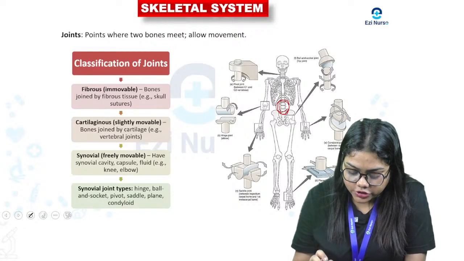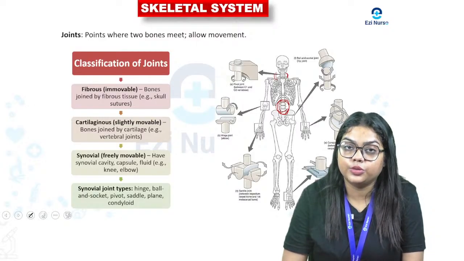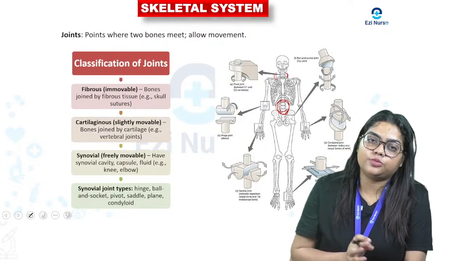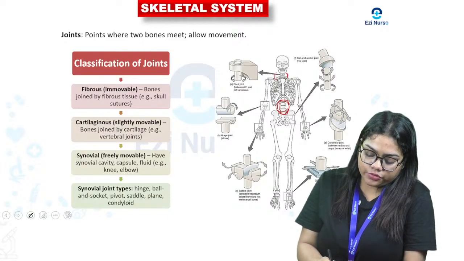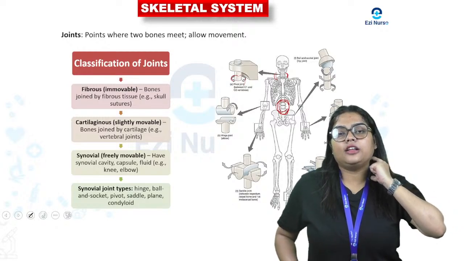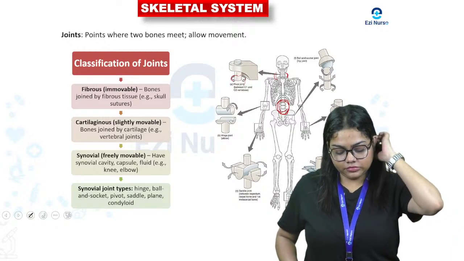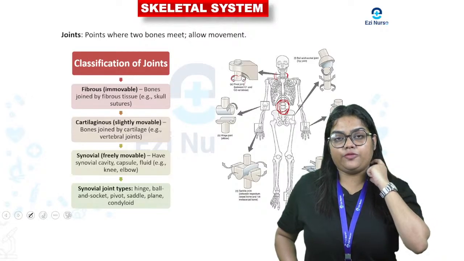The pivot joint example is the one in the neck. This joint is called a pivot joint. Why? It can be moved. See, this is the part where I have my pivot joint.